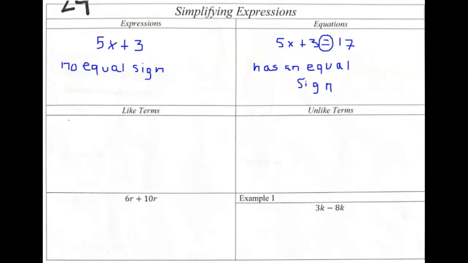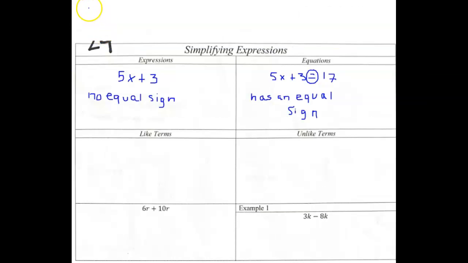Yeah, okay. So here's the deal, guys. Let's talk about what a term is. I want you to write this at the top of your paper, and I am going to pause the video. Okay, I want you to just write what a term is. So go ahead and at the top of your paper, write term, okay? Now, a term can be a number.